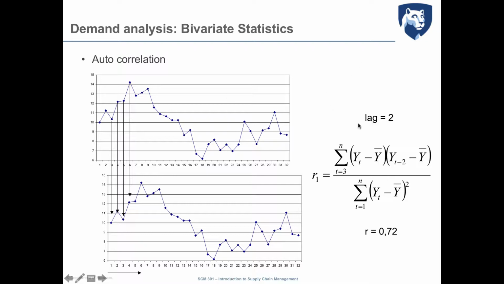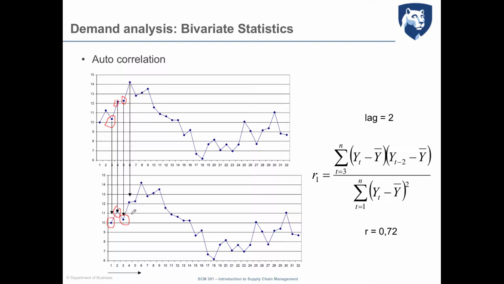I can also evaluate the correlation with lag equals 2, which means creating a new series of the demand, which is no other than the previous series just lagged by 2 periods. If I correlate this to the demand, it means that I am going to analyze if demand in period 3 is correlated with the demand in period 1, if the demand in period 4 is correlated with the demand in period 2, if the demand in period 5 is correlated with the demand in period 3.